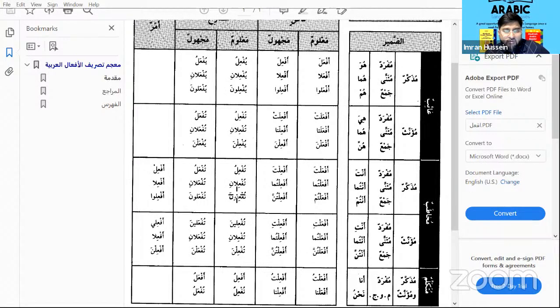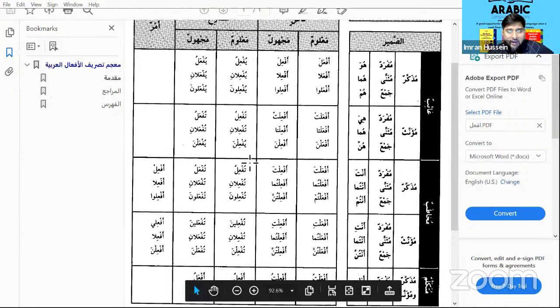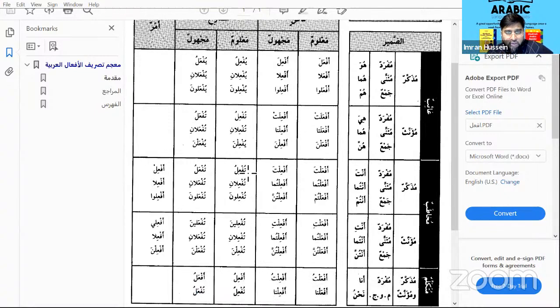The imperative of the four-letter verb, as I mentioned last time, is made from tuf'ilu: anta tuf'ilu, tuf'ilani, tuf'iluna, tuf'ilin, tuf'ilna. And the three-letter verbs, we said that once we drop the ta, we bring hamzatul wasl.